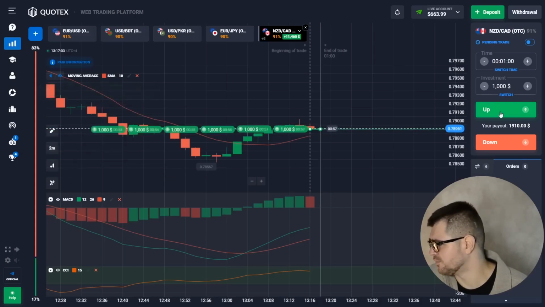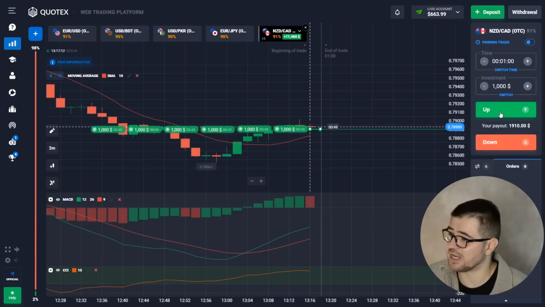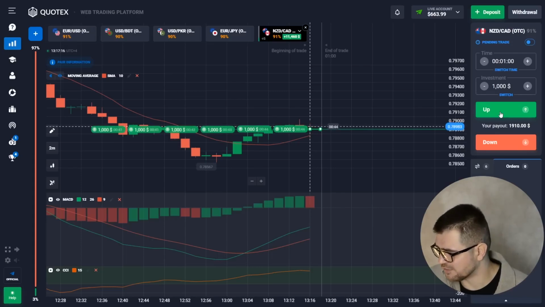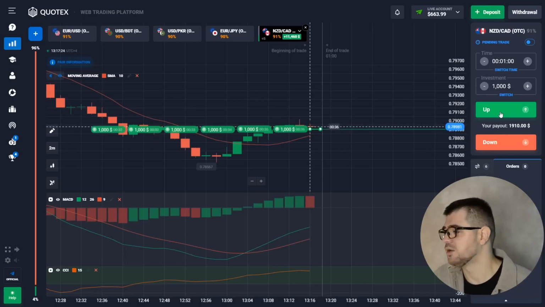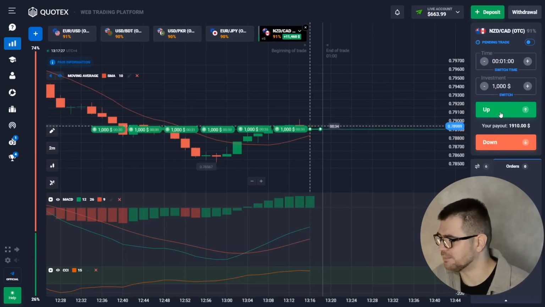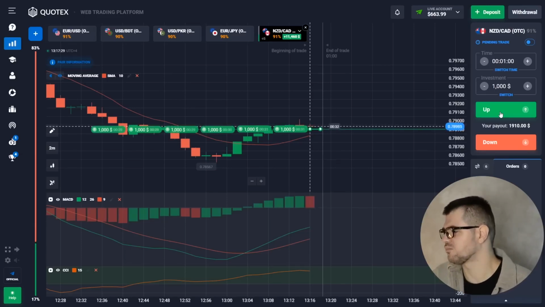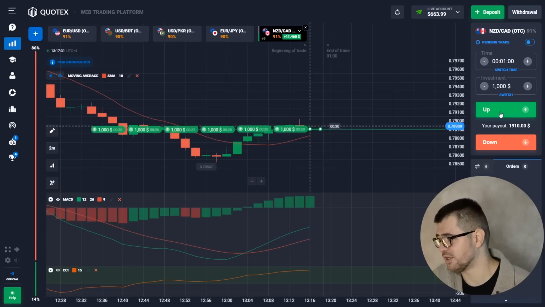Like on a 2 minutes time frame graph, we can see there is a growing trend. You could say the strength is kind of in the middle. There is still some strength, although it's not so strong, but it's still showing some growth.